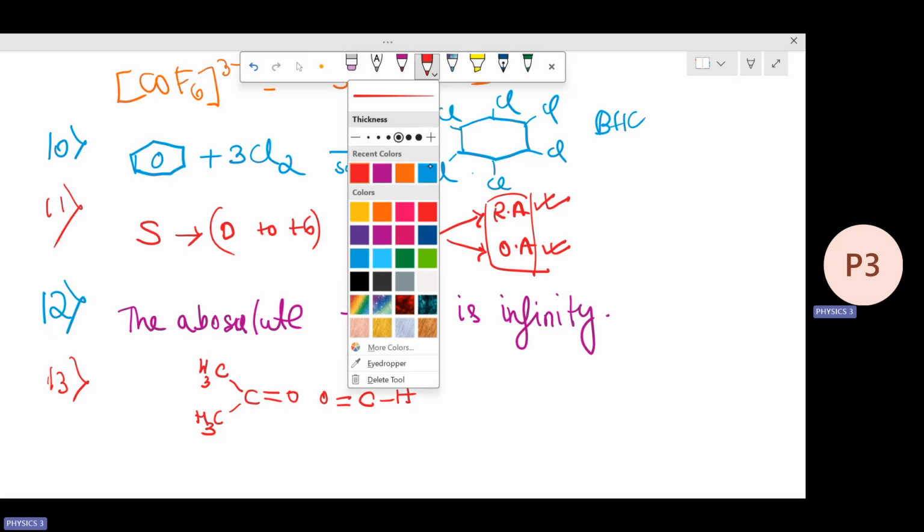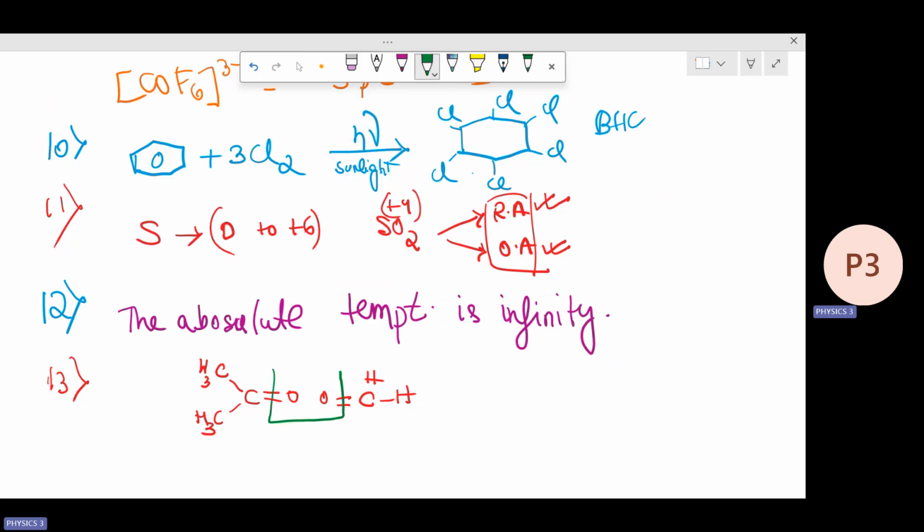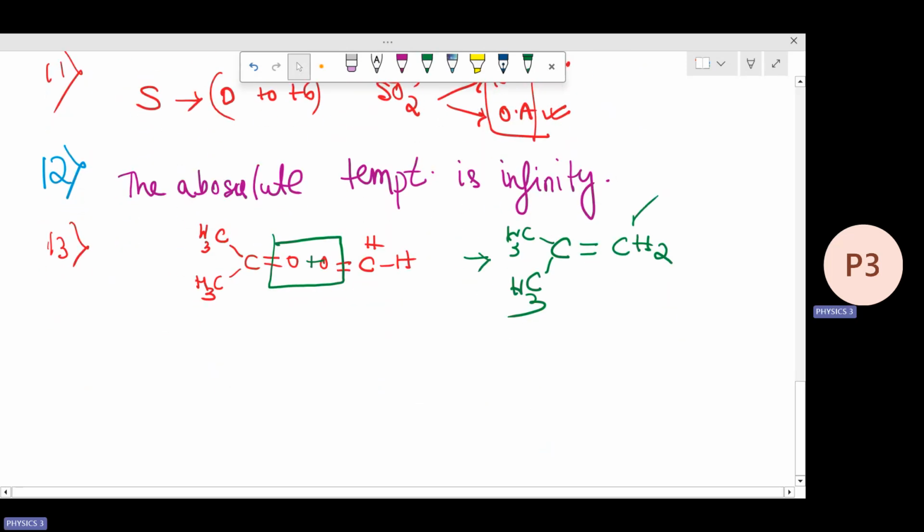As soon as you arrange this, we will get the oxygen from both the compounds eliminated. As soon as it gets eliminated, I will get a compound looking like this: double bond, CH2, CH3, CH3. Now, what was the question? The question was the alkene. So this is my alkene, option number A. Question number 13 done. We are moving towards question number 14.